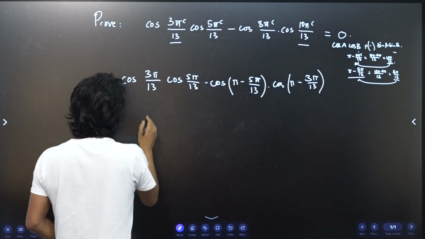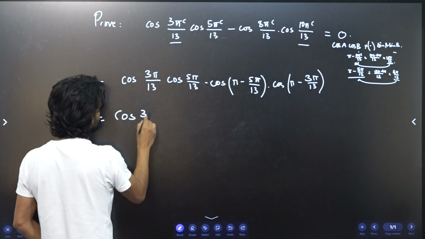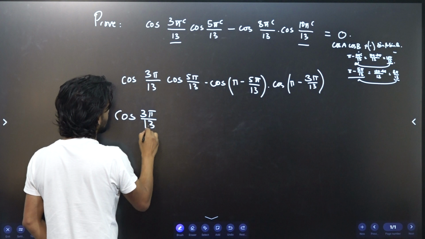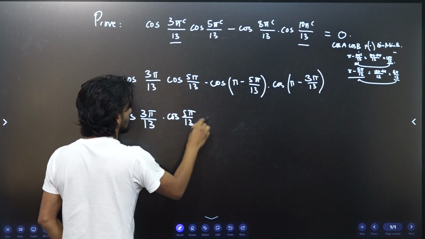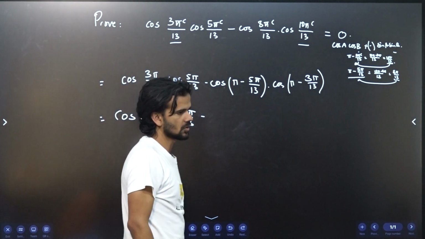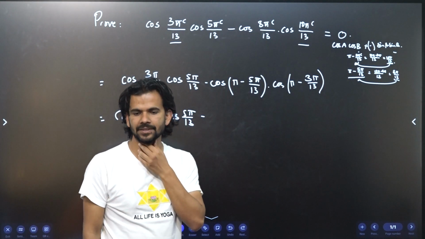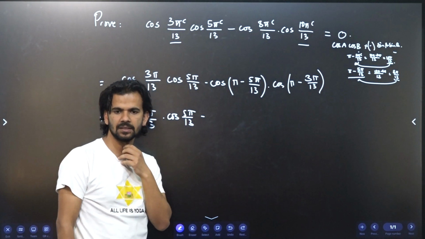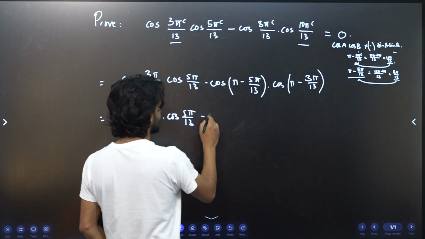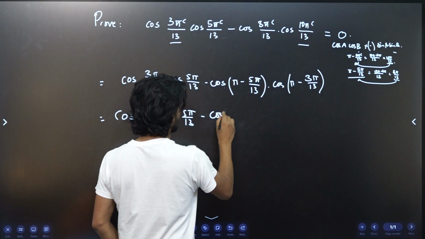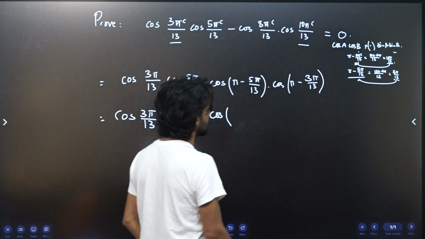Alright, so cos 3 pi divided by 13, I'm going to copy whatever is there for the moment. 180 minus theta. So cos pi minus something. Pi is 90 times 2, so it's 180. 180 minus theta.